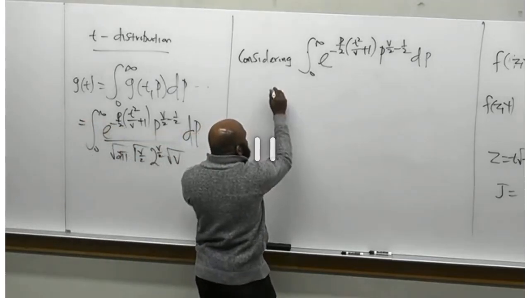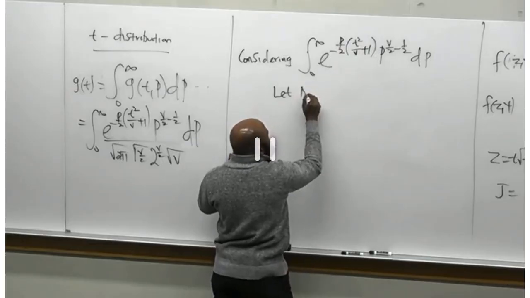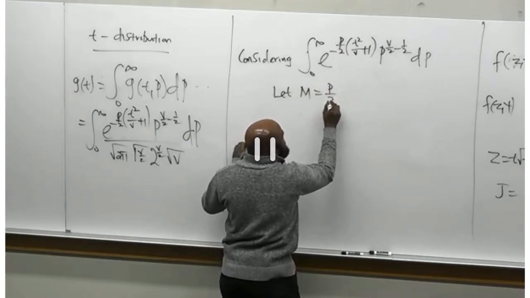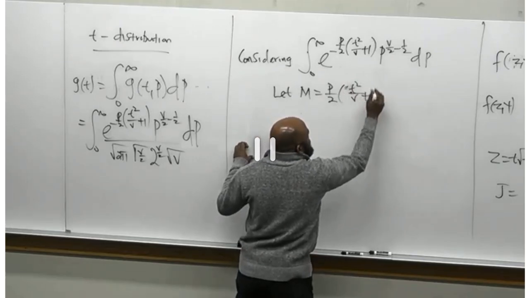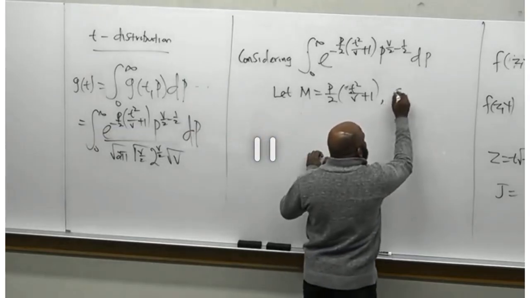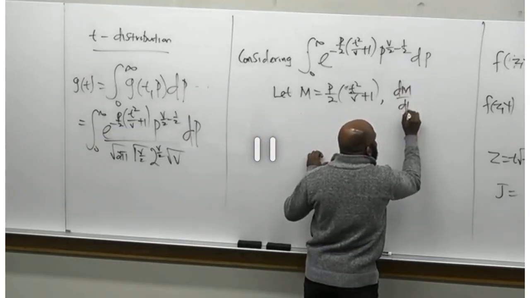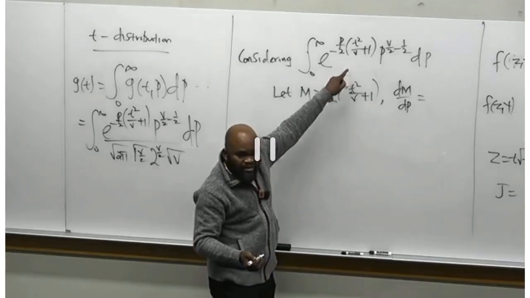Now here, I'm going to let M be P over 2, t squared over V plus 1. Okay, let M be that. I'm using the substitution method, performing an antiderivative now.